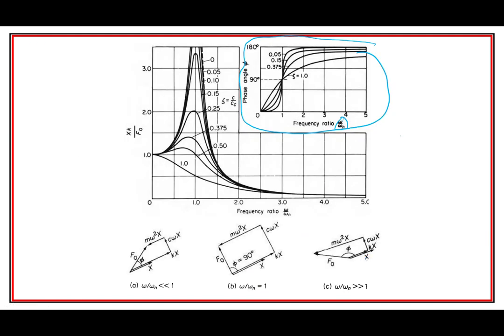Let's see, what else do I want to say? This is also in our book. So here's our transmissibility magnification factor, and here is our phase thing. You could notice that our phase is 90 degrees. So we were 90 degrees in response when we are at resonance.